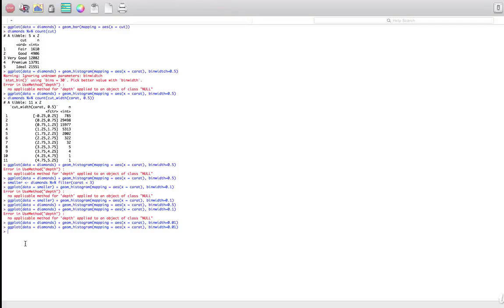So if we punch in the code, ggplot(data = faithful, mapping = aes(x = eruptions)) + geom_histogram(binwidth = 0.25).